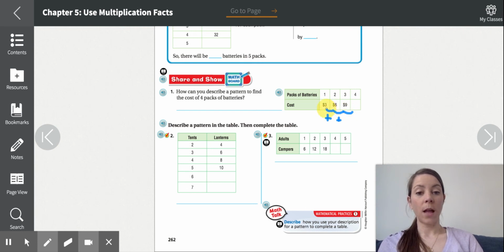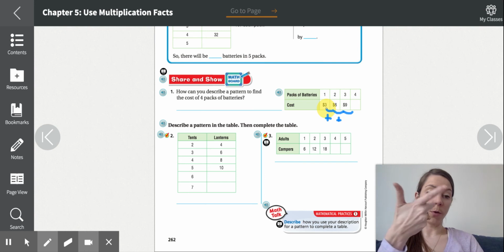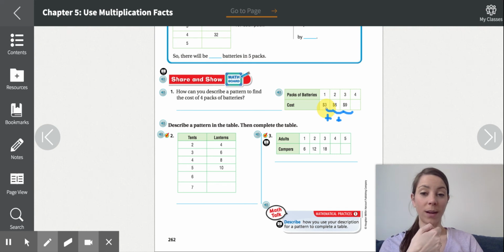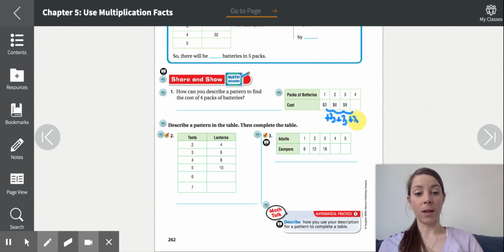Well, if I'm at 3, how many more do I need to count up to get 9? 3, 4, 5, 6. If I'm at 6, how many do I need to count up? 6, 7, 8, 9. So both times they just added the number 3. So if they added 3 before, then I'm going to add 3 to get my last cost here. And that would be 12.